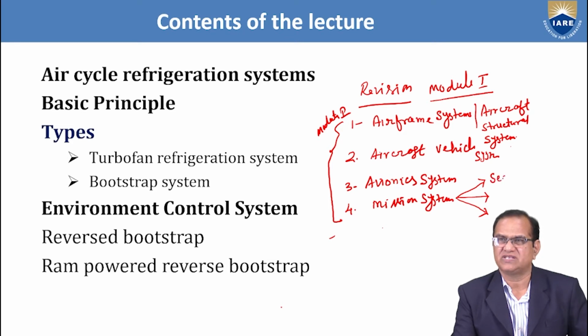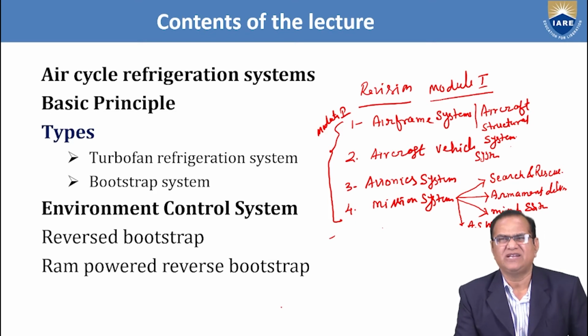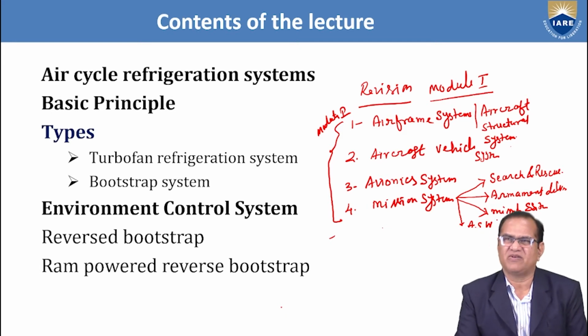Then armament delivery, missile system, then ASW, anti-submarine warfare, mapping of area, and so many other missions, flood relief, other things we can do with the help of this mission system.